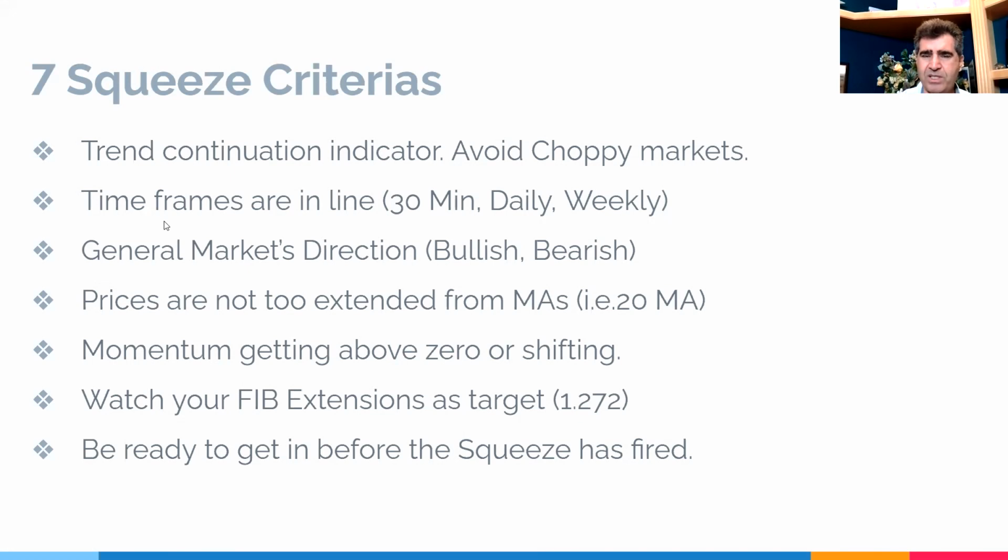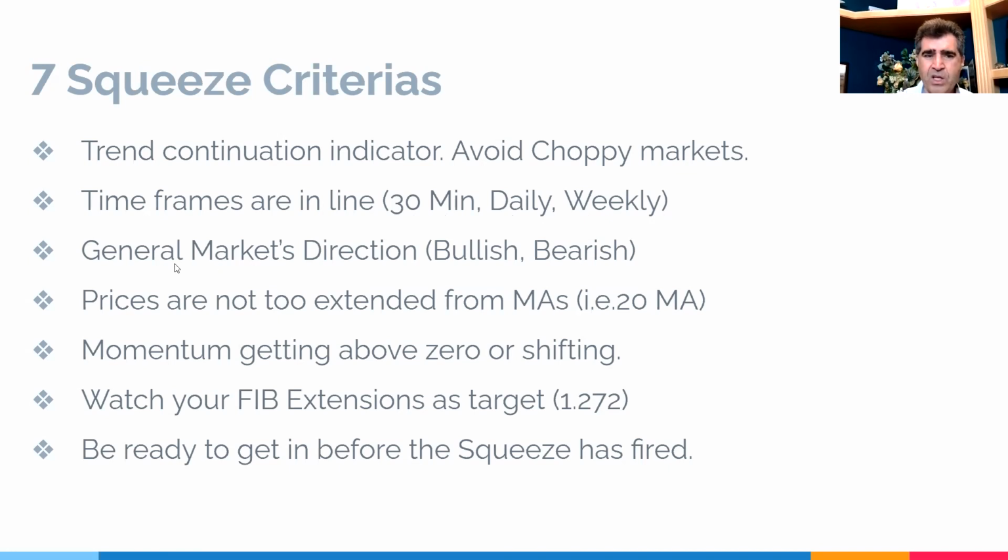It works in a lot of time frames, but as I mentioned, I like to have the confirmation. If I'm using weekly, then I want to have daily and 30 minutes or 60 minutes as my anchor. If I'm using daily, 60 minutes, 30 minutes, as I mentioned, I usually don't like to go under 30 minutes.